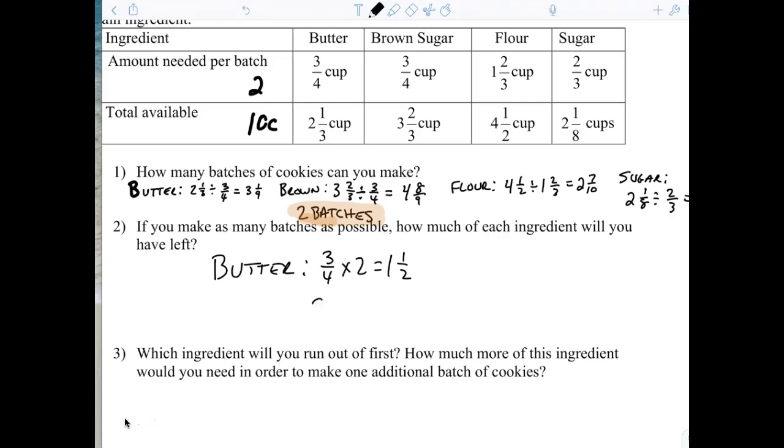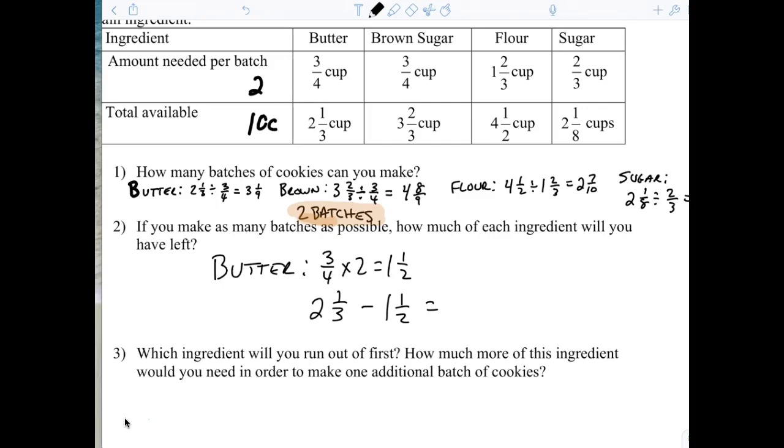So the butter, I have a total of 2 1/3, but I used what? 1 1/2. So what's 2 1/3 minus 1 1/2? I'm waiting for Hanson to tell me. And everybody else is confirming this. It's 1 and 5/6? How did you get that?